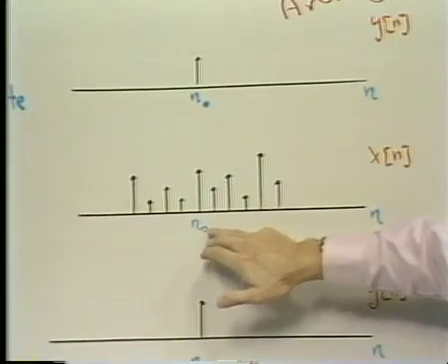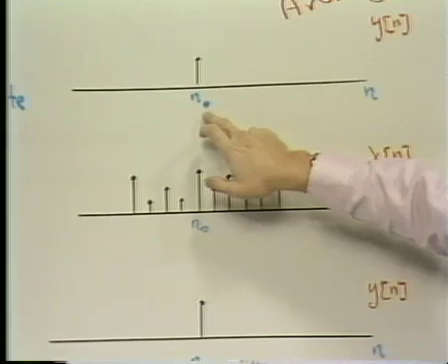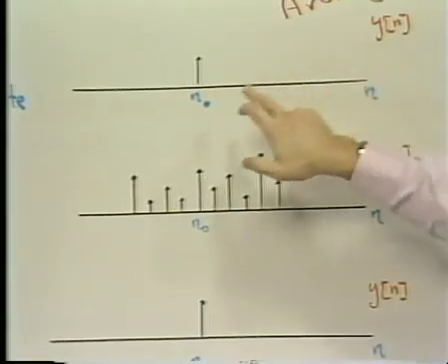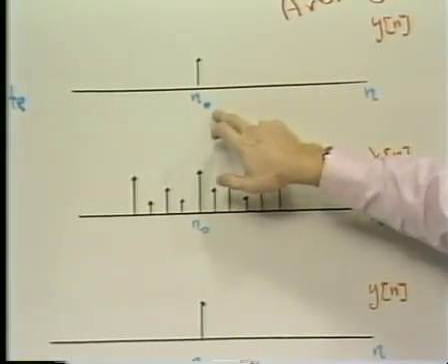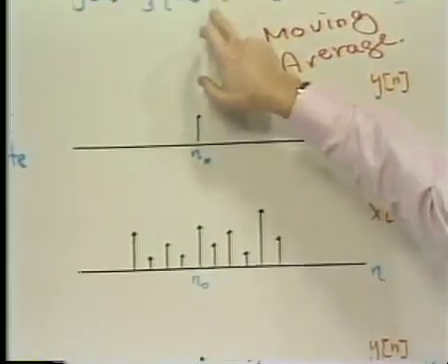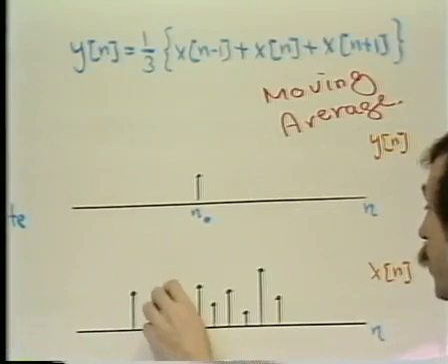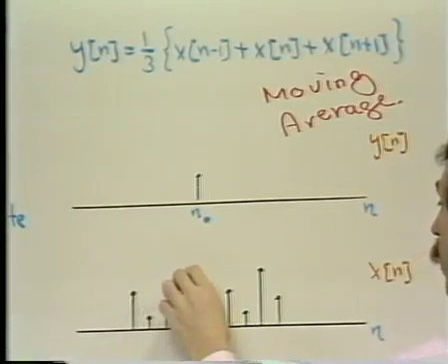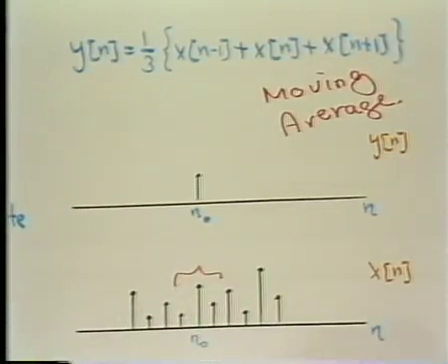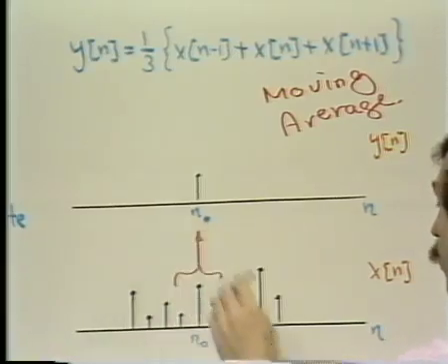For any value n0 at which we're computing the output y of n, we take x of n0, x of n0 minus 1, and x of n0 plus 1. And so to form that moving average, we would take these three values and combine them together, adding them and then dividing by 3 to get that.